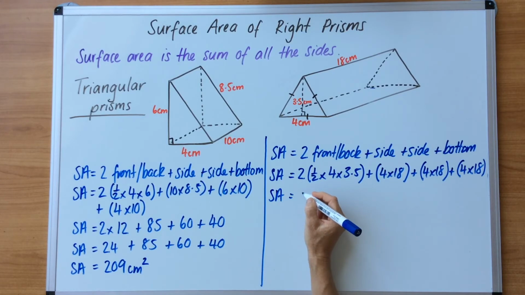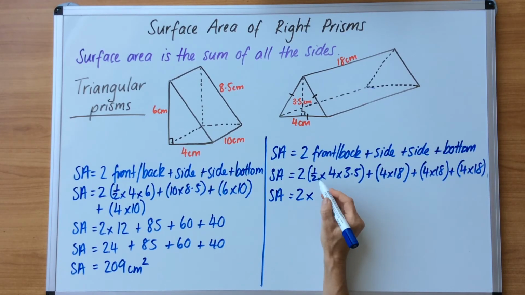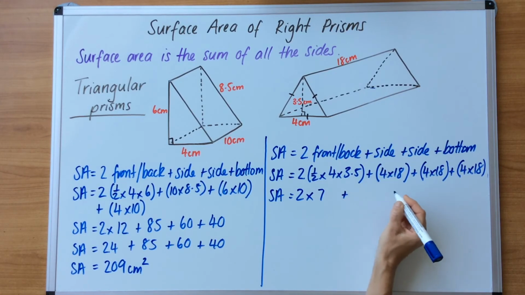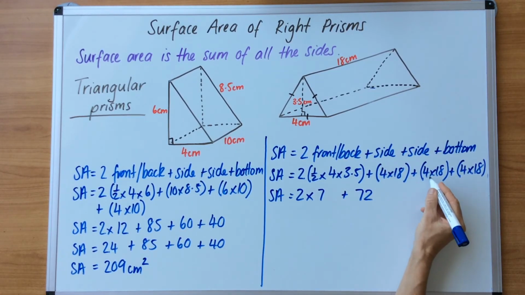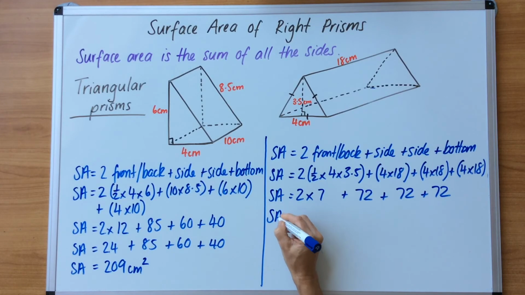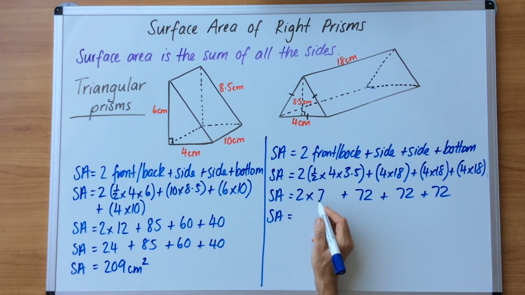Surface area equals, so 2 times, we have to solve the brackets here, so half times 4 times 3.5 is going to give us a 7. Drop the plus down, solve this, 4 times 18 is 72, and because these are the same, I can simply copy that down now. Let's solve the total area of those triangles.